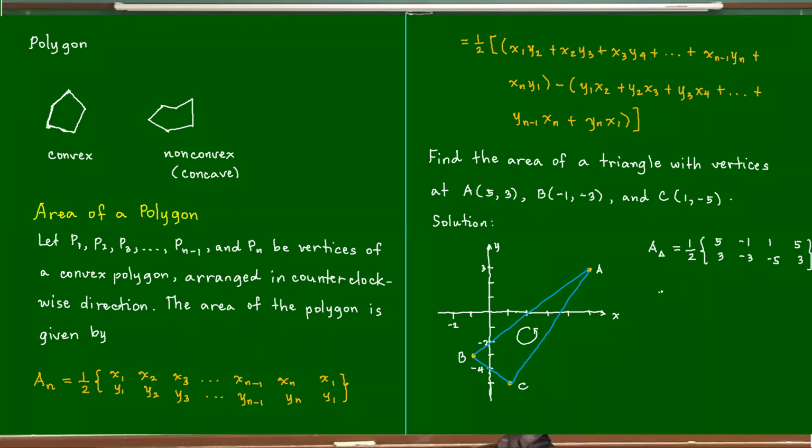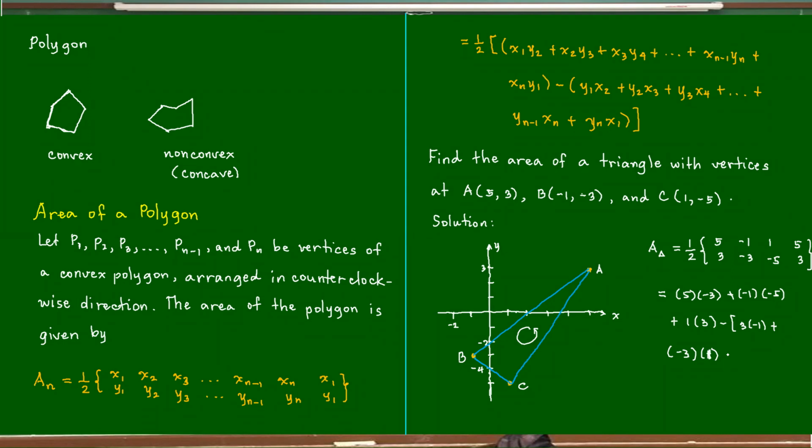So this is equal to diagonal products going down. 5 times -3 plus -1 times -5 plus 1 times 3, then minus going up. 3 times -1 plus -3 times 1.